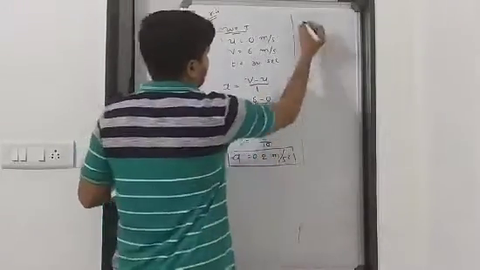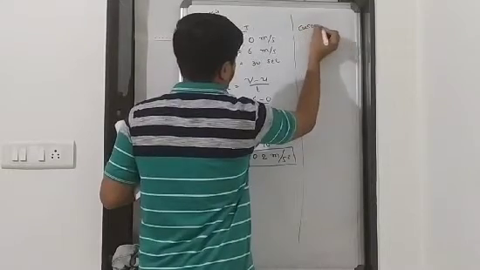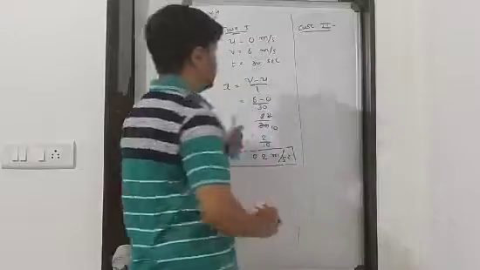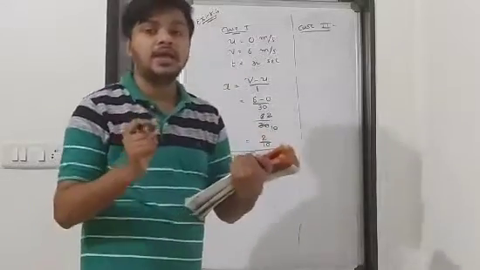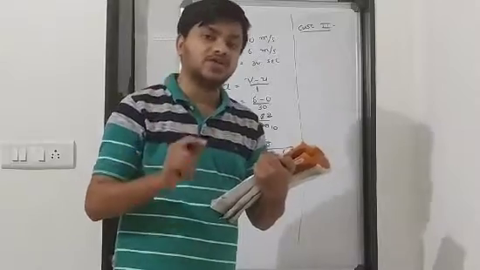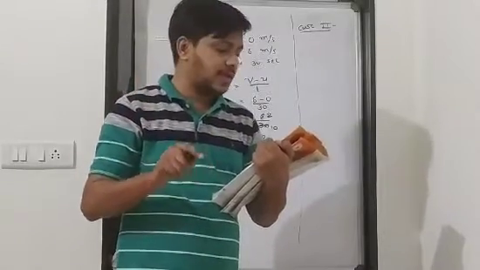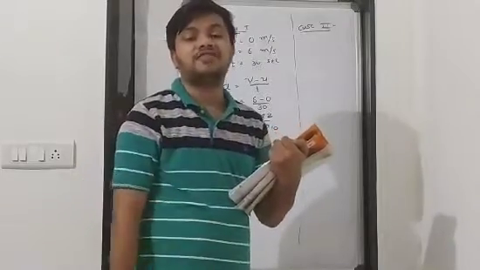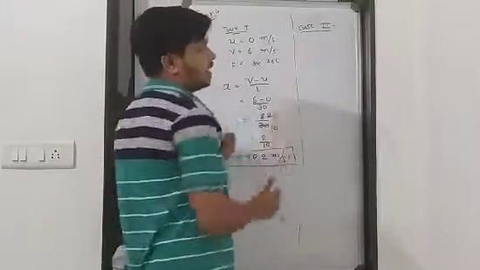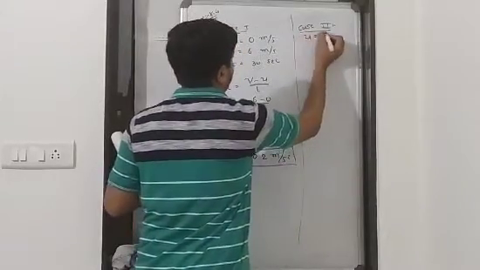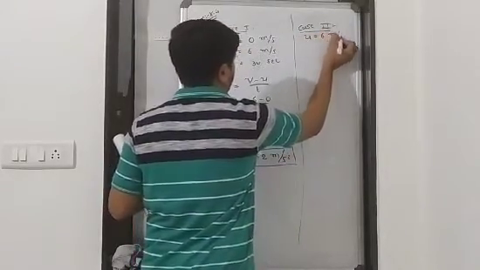Now, case number 2. What happens in the second case? He applies a brake, and because of that, his velocity decreases to 4 meters per second in 5 seconds. Before the brakes, the velocity is the initial velocity, which is 6 meters per second.